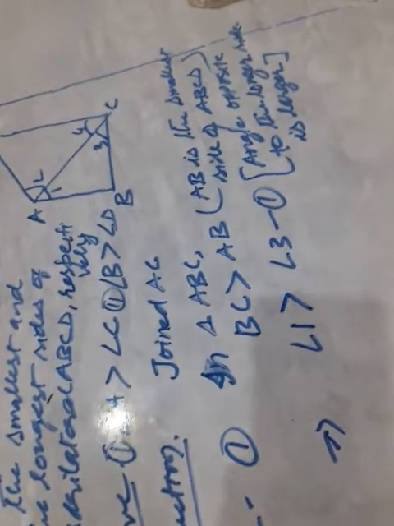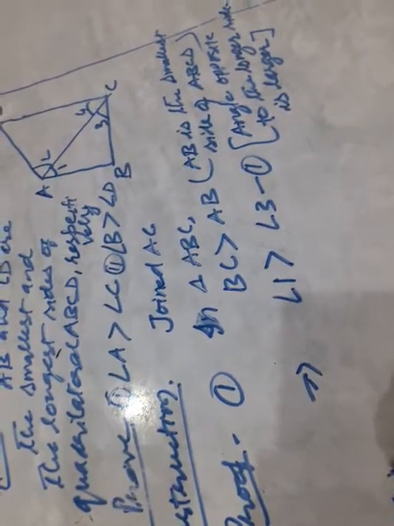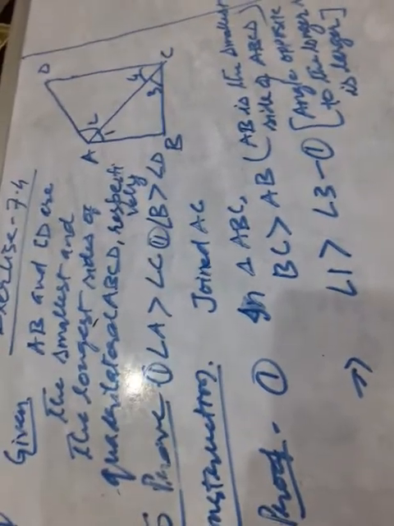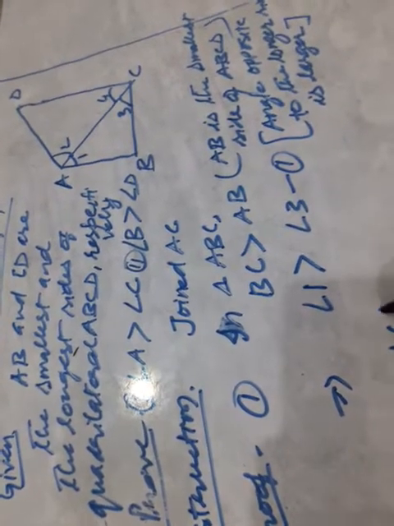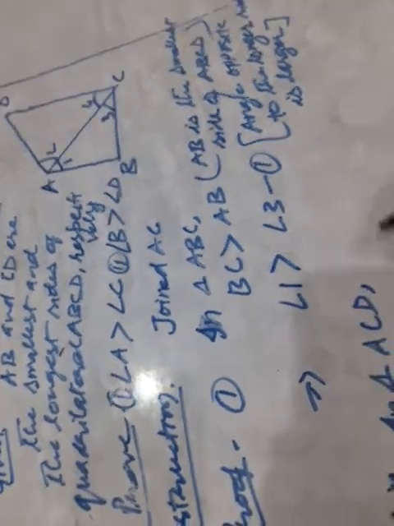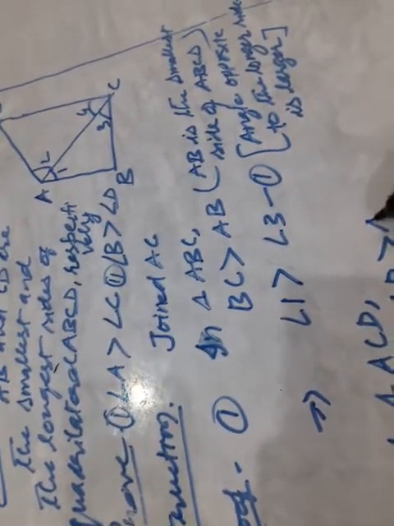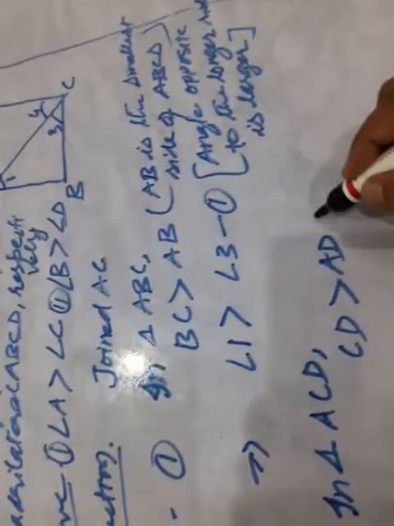Again, children, see, again in triangle ACD, what do we have? CD is the longest side. CD is greater than AD. Why?